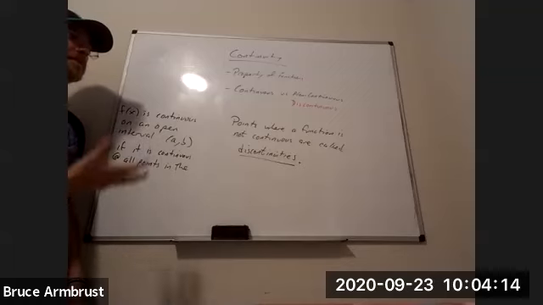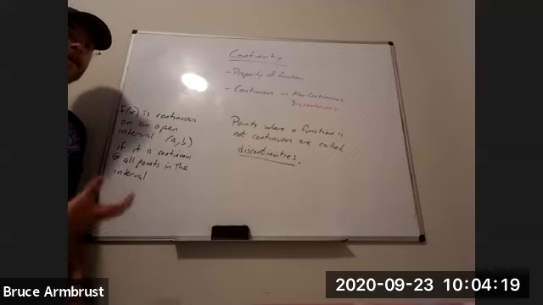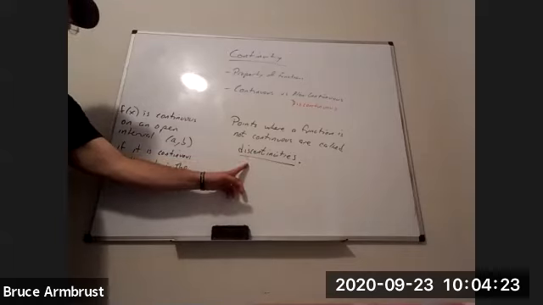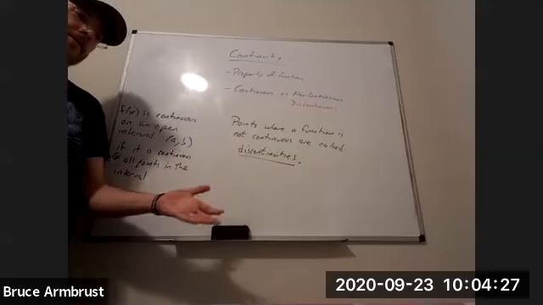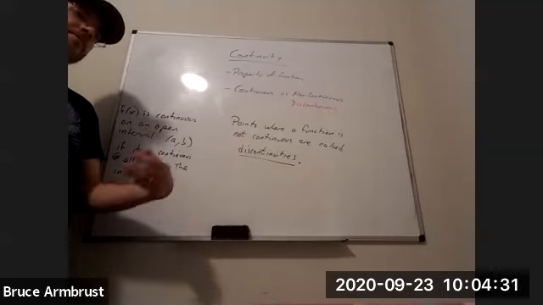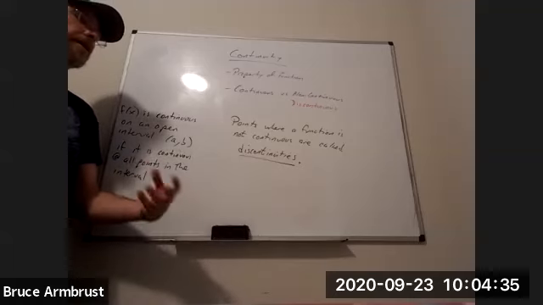We'll talk about what this means in terms of the graphs next time. Basically, we're going to be able to determine discontinuities visually by looking for those kinds of problems. Like, what does it mean if the function doesn't exist? What does it mean if the limit doesn't exist? What does it mean if they're not equal to each other?